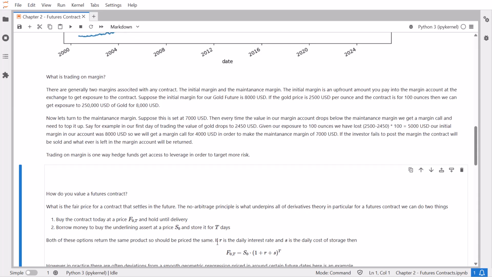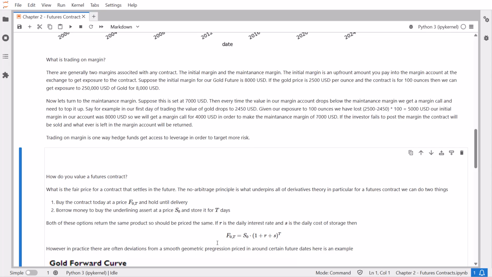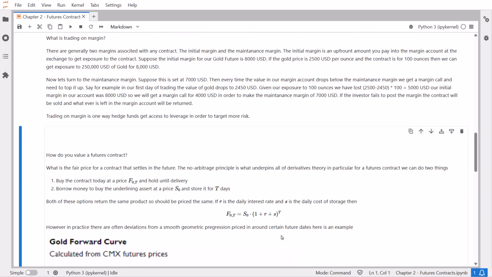And both of these options return the same product, so they should be priced the same by the no arbitrage principle. And if R is the daily interest rate for the borrowed money, and S is the cost of storing the gold or the underlying asset, then the futures price should be equal to the spot price multiplied by 1 plus the interest rate plus the storage cost, to the power of T. However, in practice, there are deviations from this smooth geometric progression, particularly around risky events like interest rate rises and things like that.